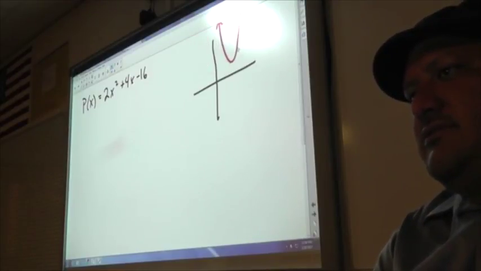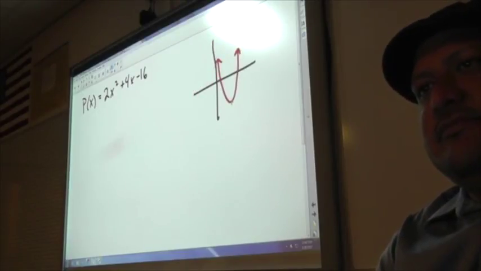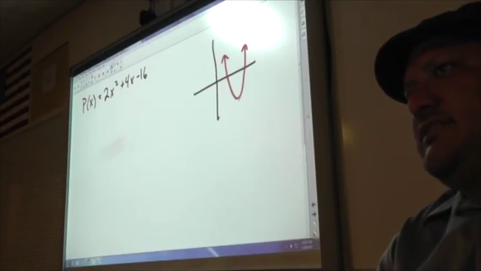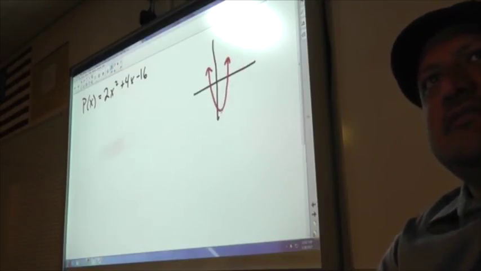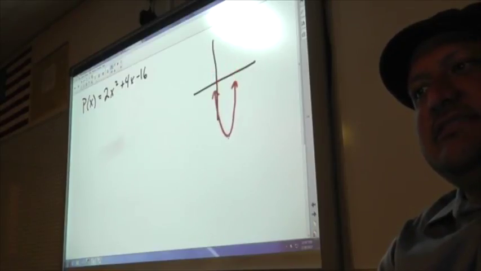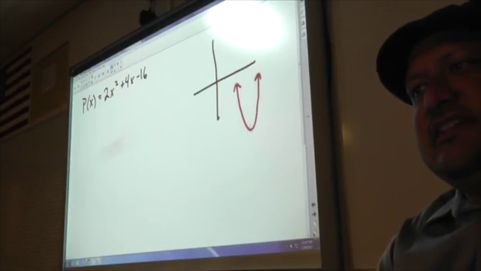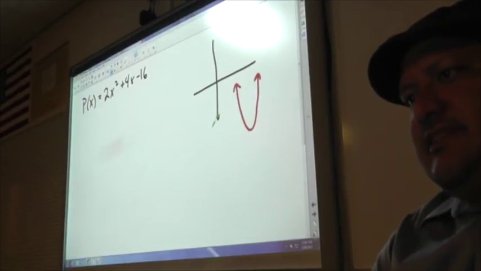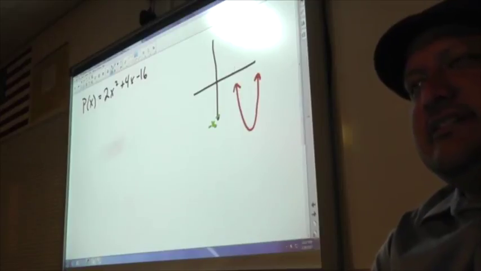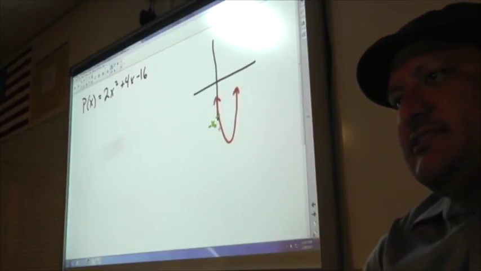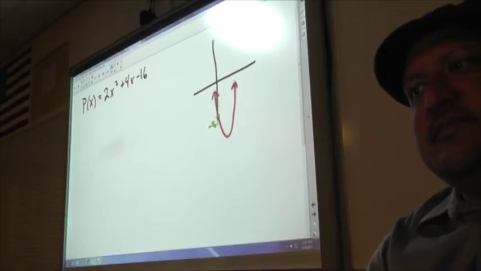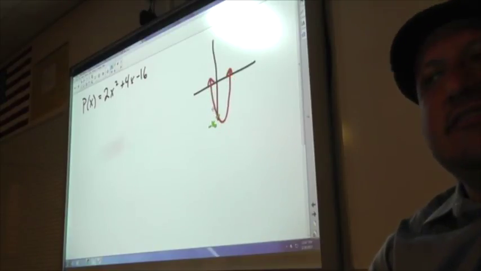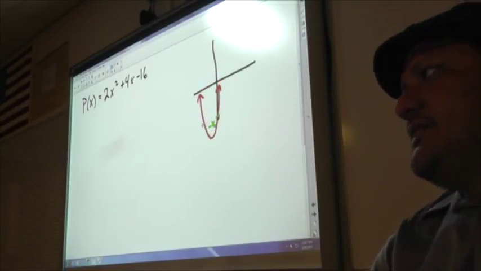Where does this go on the graph? Negative 16 what? But look, there's many ways to be negative 16. So let's say this was the point negative 16. That's the y-intercept, right? This is the y-intercept at negative 16. In fact, this is the y-intercept at negative 16.